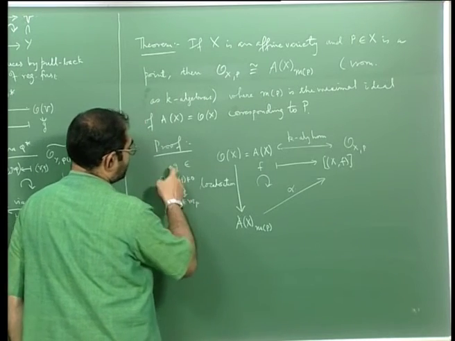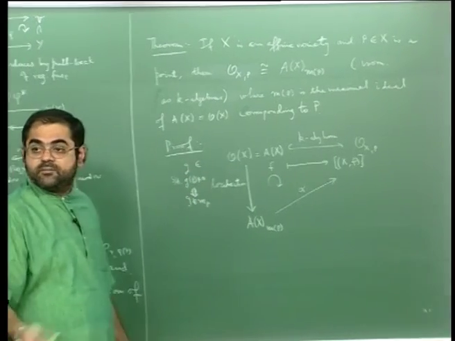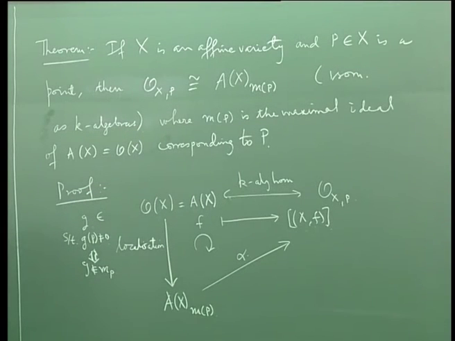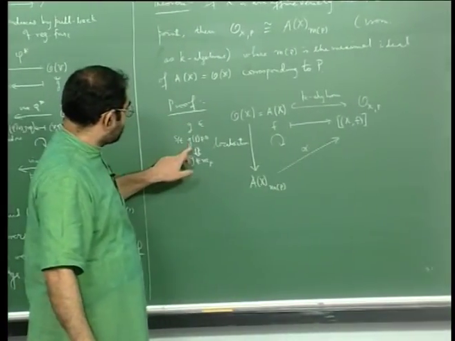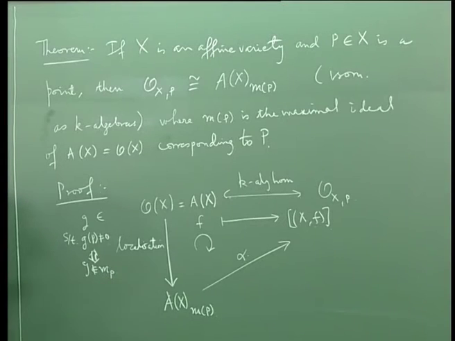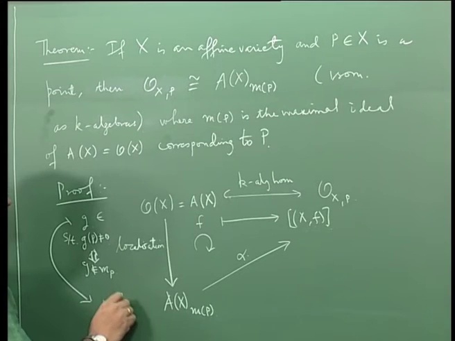If g does not belong to M_P, its image in the localization will become a unit, because the localization inverts all the elements which are outside M_P. So g under this localization map goes to a unit.